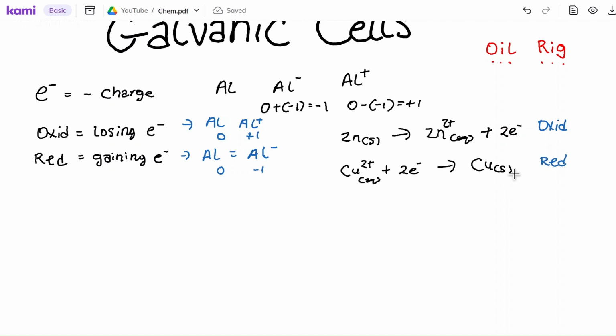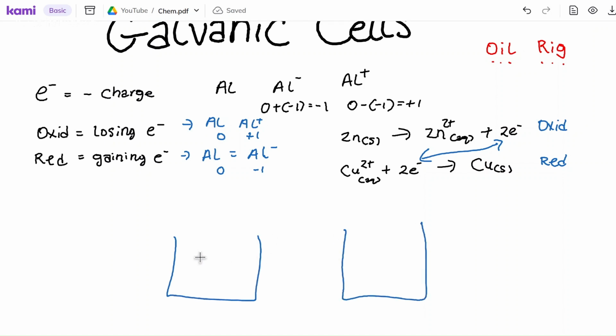And how all this applies to galvanic cells is that a galvanic cell is basically a transfer of electrons. These 2 electrons are going to be transferring. I'm going to draw it out first. So say 2 different beakers. They both have aqueous solutions in here.